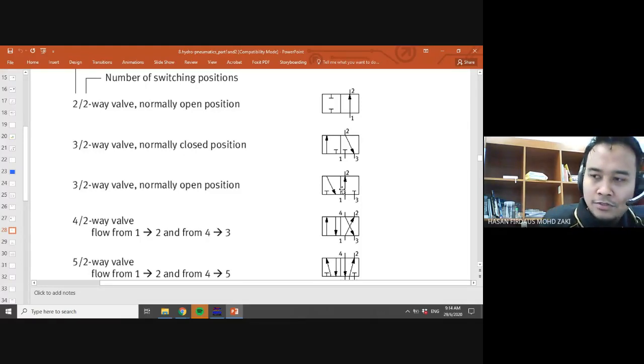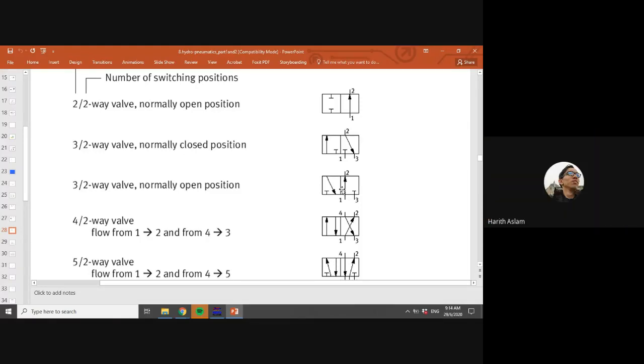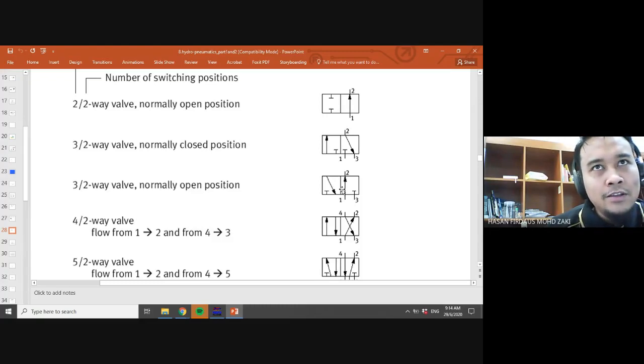Yes, we have. Normally close means there is a flow of electric signal, it's connected. But for pneumatics, normally closed means it is the port that is closed, not the flow.